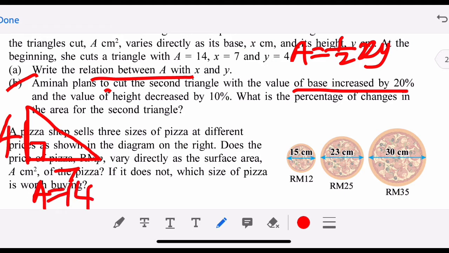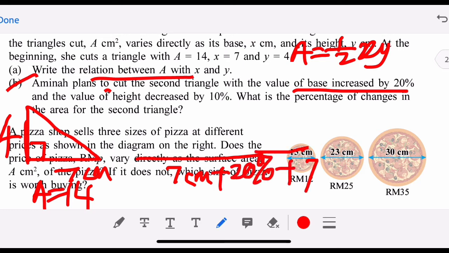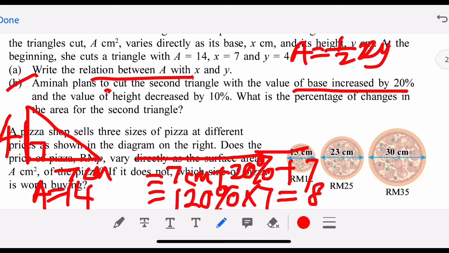Now the base increased 20%, so 7 centimeters increased by 20%, plus the original 7. It's actually the same if you take 120 percent times 7. So it's 8.4 centimeters, right?